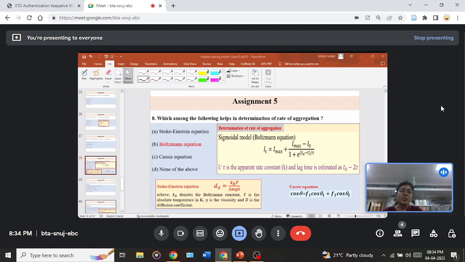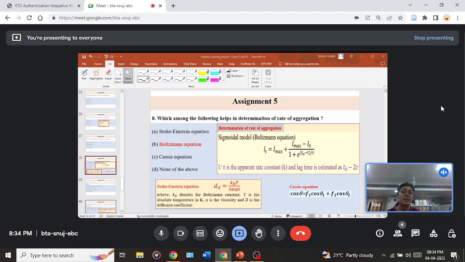So what is this Boltzmann equation? The Boltzmann equation, the sigmoidal model, is I(t) equal to I max plus (I max minus I naught) divided by 1 plus e to the power (t naught minus t) divided by tau. So here, what is I(t) and I max?